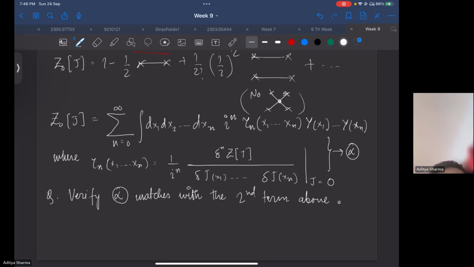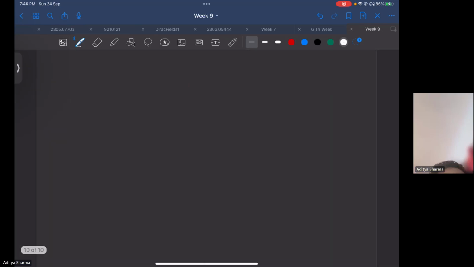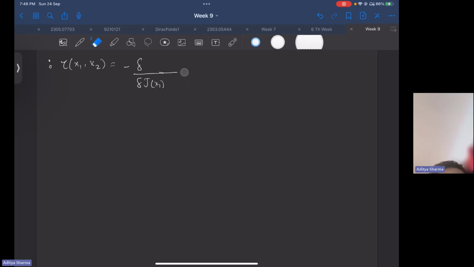Okay. So that means calculate the two-point term, x1, x2. And this is equal to Dirac delta g of x1, g of x2. I'll write this just like this. Now, exponential minus i by 2.